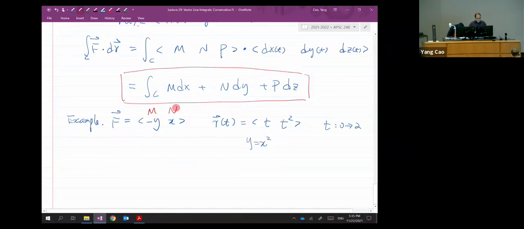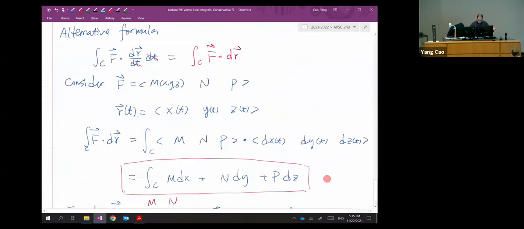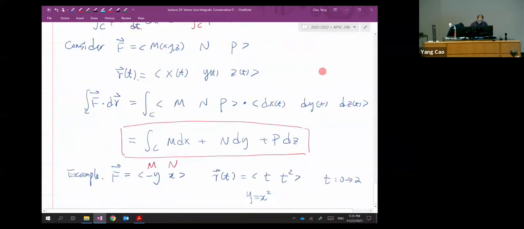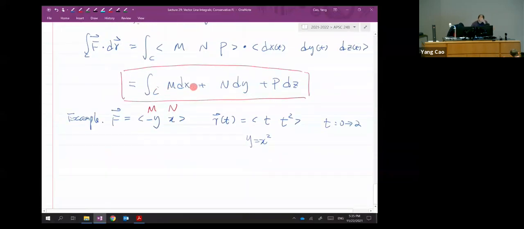Now you can absolutely try the approach that we used in the first example to calculate this, but let me demonstrate how this formula can also be done. This is 2D, so there's no z component, and you need to replace x and y with x of t and y of t.